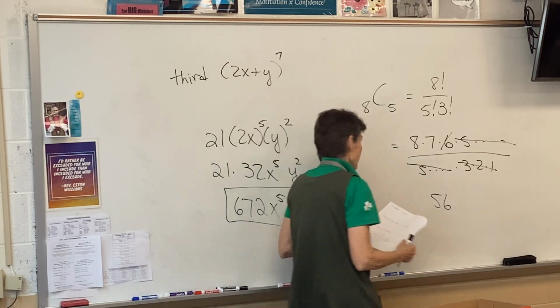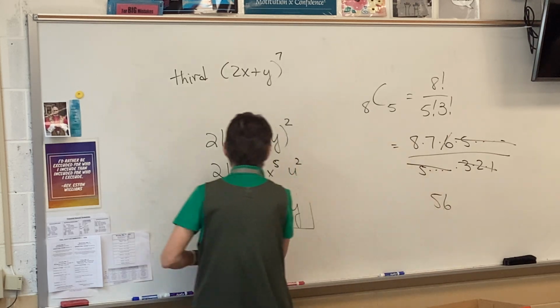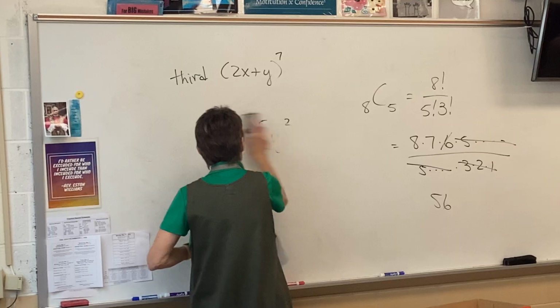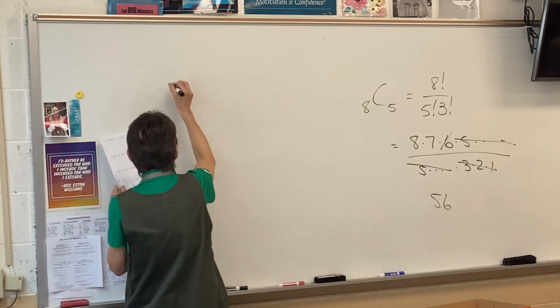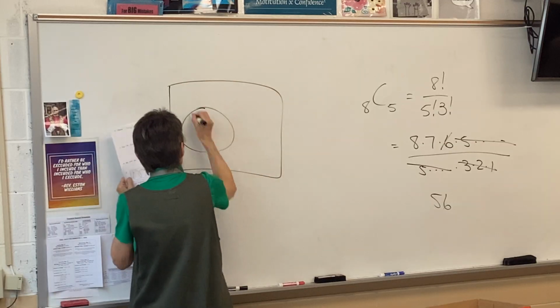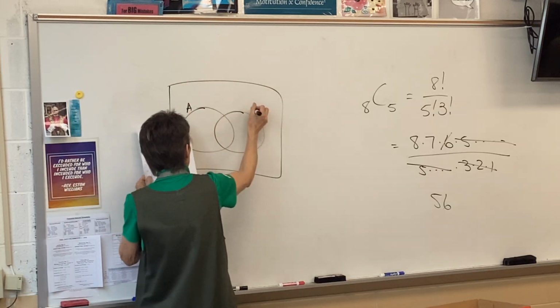All right, 15. Another Venn diagram. We got apples and bananas.